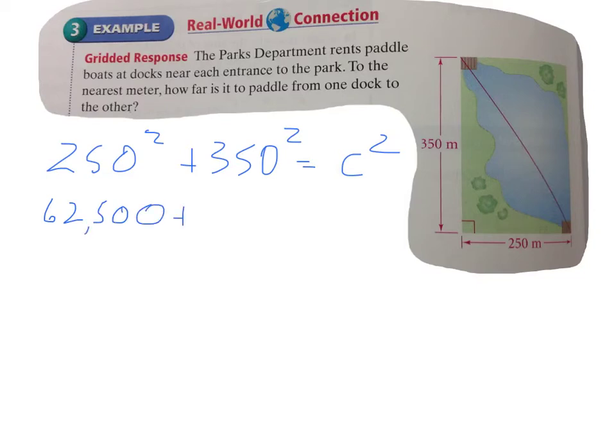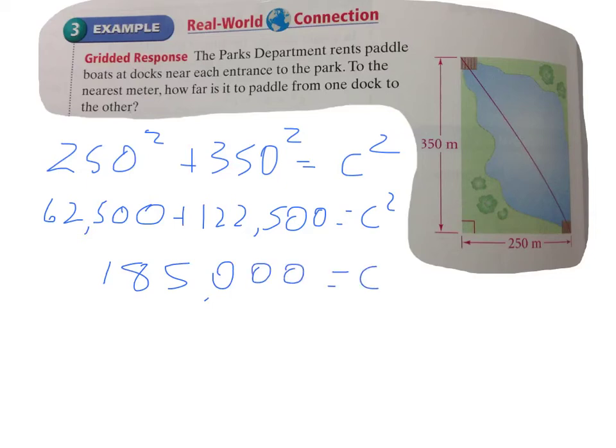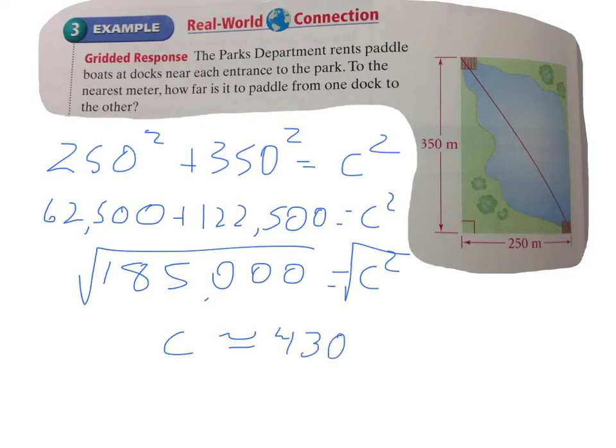Then you square 350 and you get 122,500. That's got to equal c squared. Then you're going to add those two up and you get 185,000 equals c squared. Take the square root of both sides and you get c to be approximately equal to 430 meters.